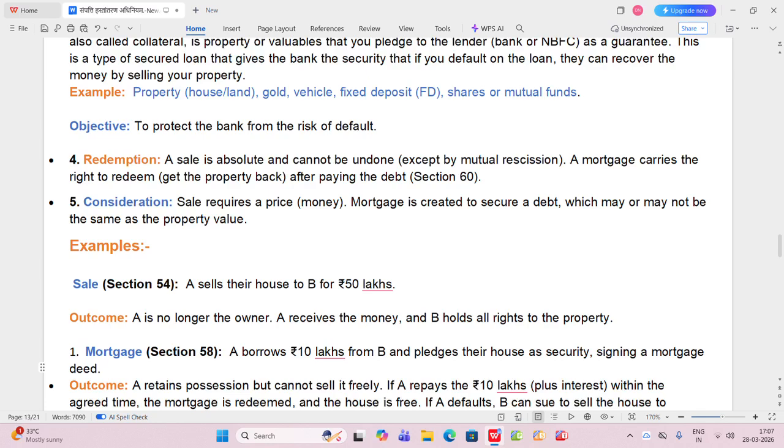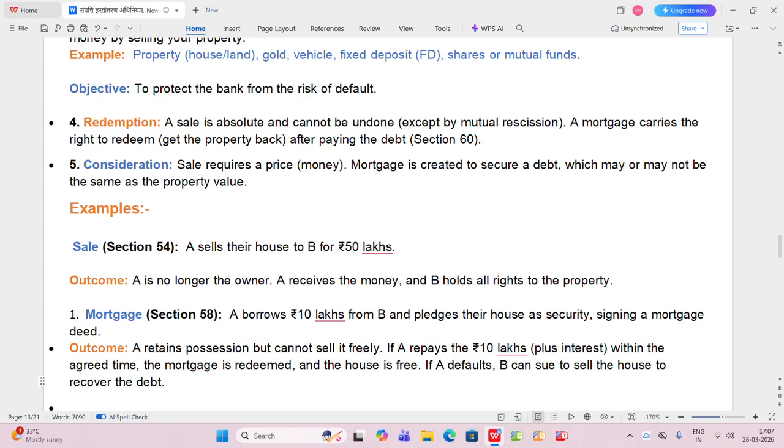But in mortgage, if a person A borrows 10 lakh rupees as a loan from B and pledges their house as security, signing a mortgage deed, then what happens? A retains possession but cannot sell it freely.